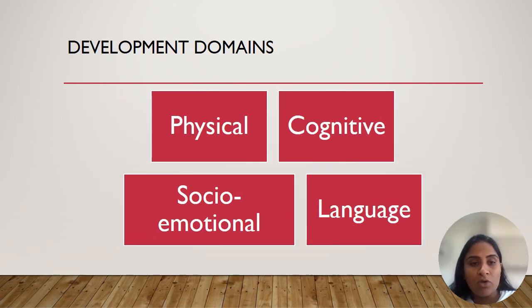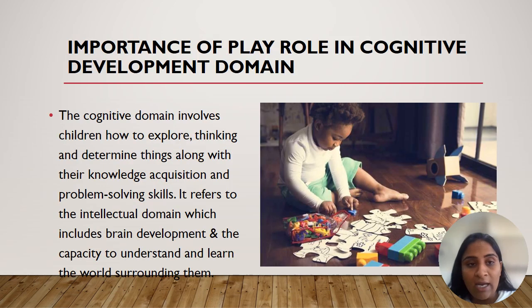Now I want to talk about development domains, which is a very important part of this presentation. Development domains refer to child growth and progress. It includes processing thoughts, paying attention, developing memories, and enhancing creativity.